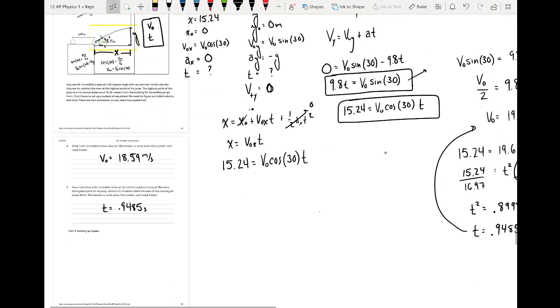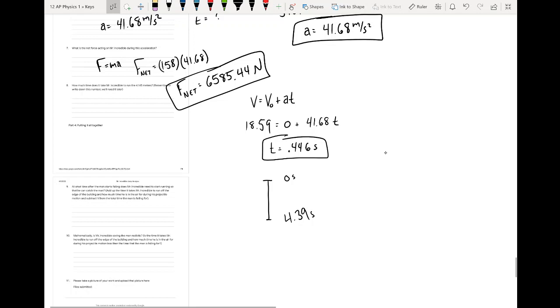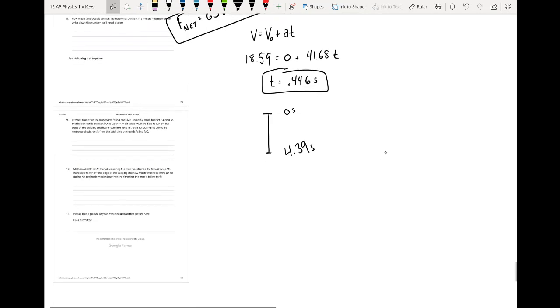So the first bit of time, for him to reach the edge of the building, is 0.446 seconds. He goes from 0 seconds, and 0.446 seconds later, he's at the edge of that building.